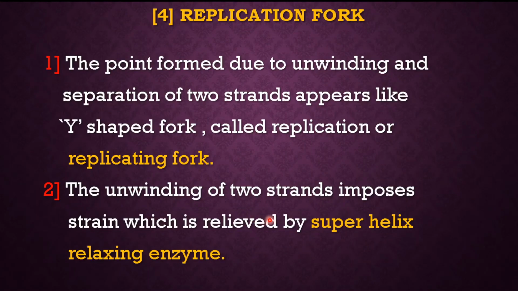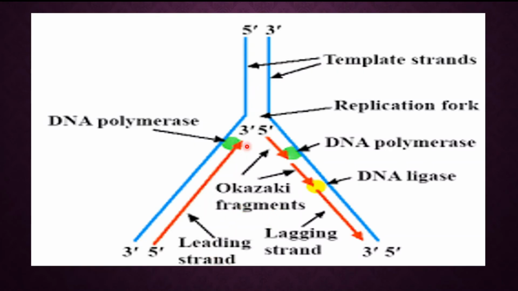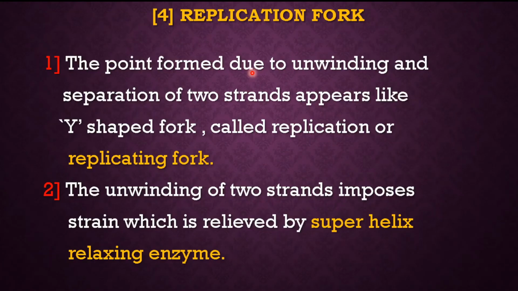Because of this unwinding, a lot of stress or maximum coiling or winding takes place. It creates pressure, stress, or strain in this area, which is relaxed by one enzyme called superhelix relaxing protein. So here we have completed the fourth point.